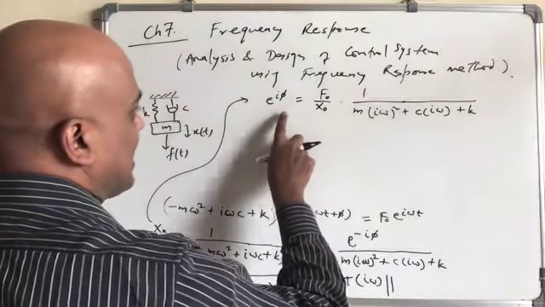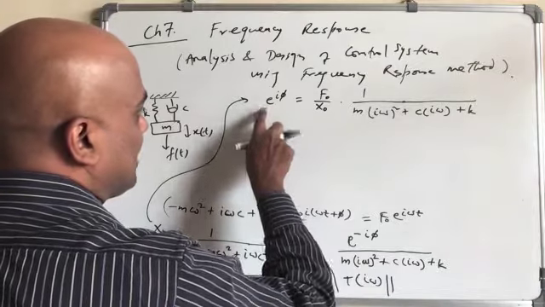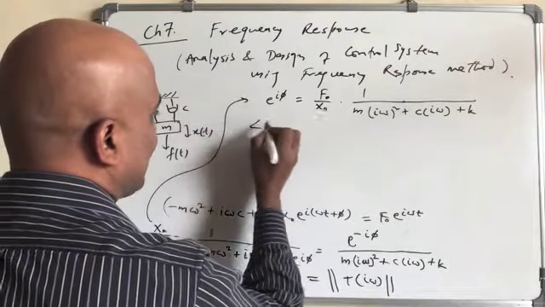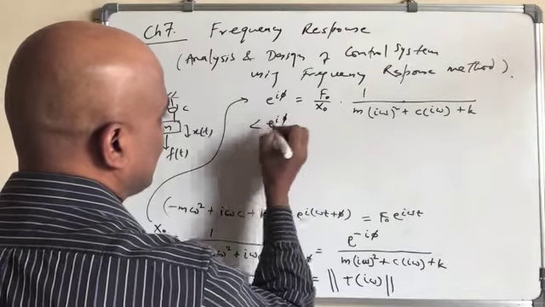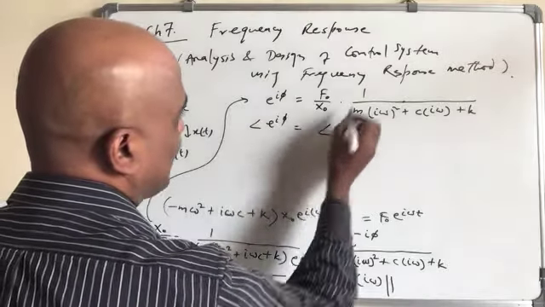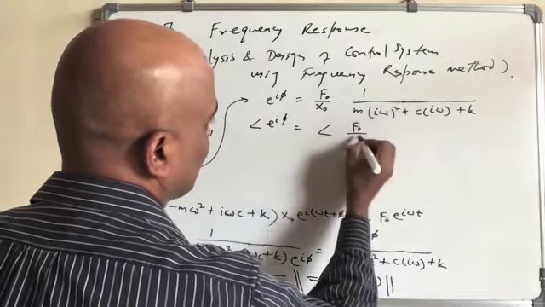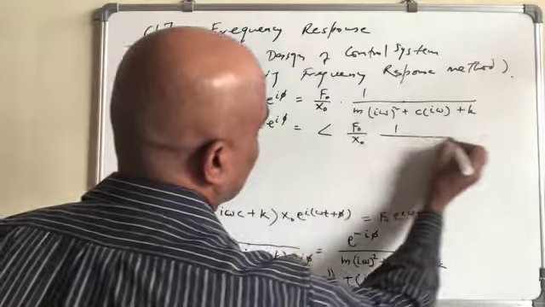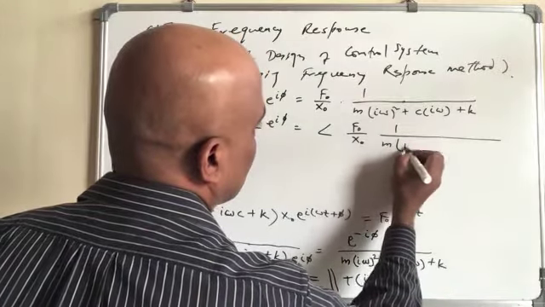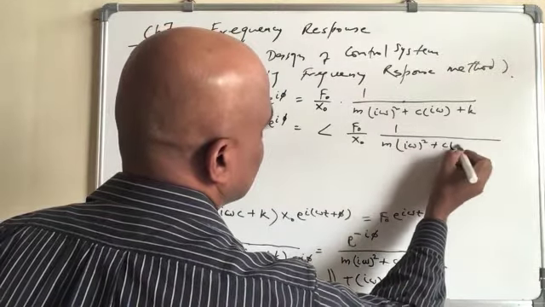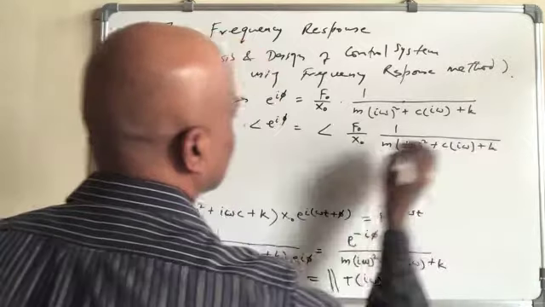if we take the angle here, so if you say angle of I phi is equal to angle of this, so f naught over x naught and 1 over m I omega square plus c I omega plus k, right?